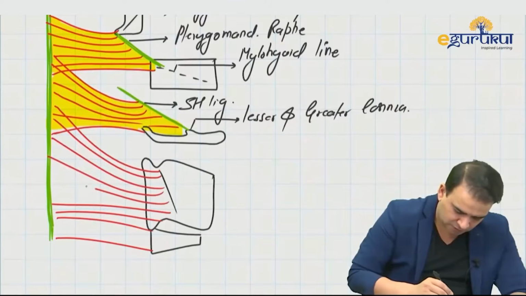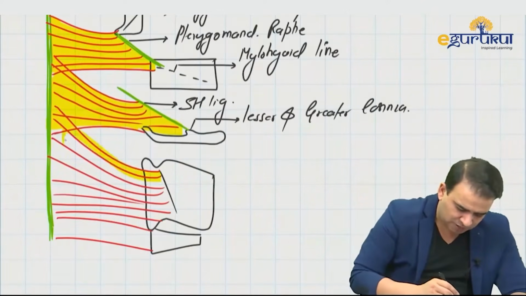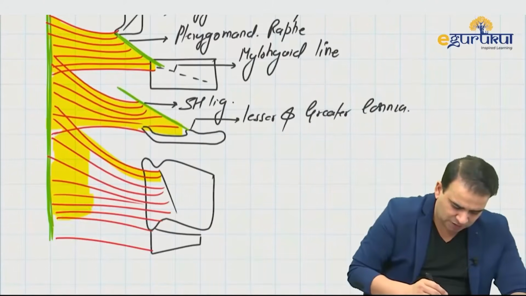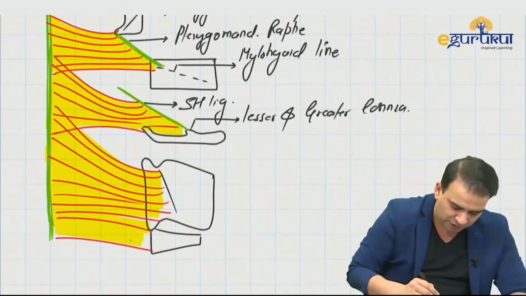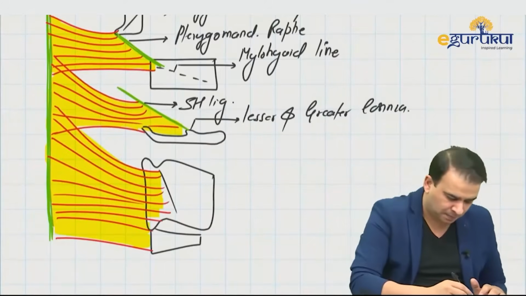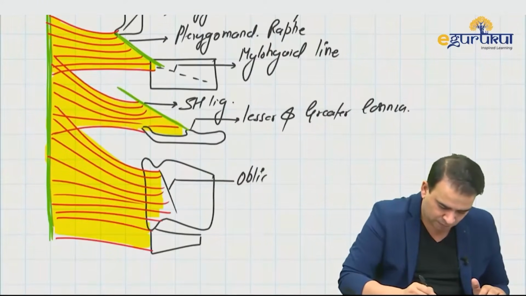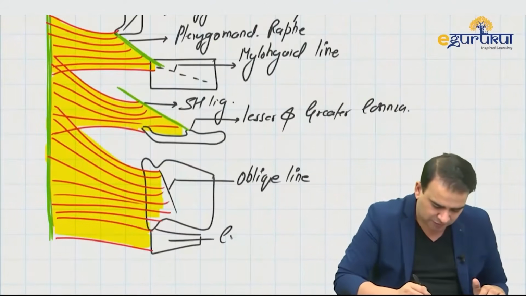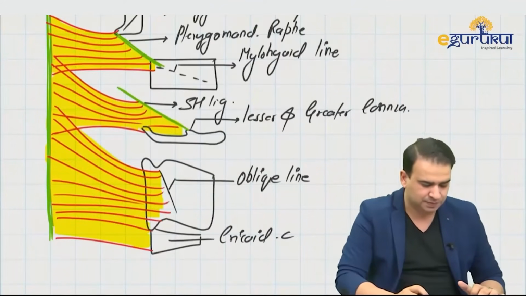That constrictor here is the inferior constrictor with its two parts. I'm not separating them at this point. This is the thyropharyngeus and the cricopharyngeus, from the oblique line of the thyroid cartilage and also from the lamina of the cricoid cartilage. The three constrictors. Oblique line of thyroid, and this obviously is the cricoid cartilage.